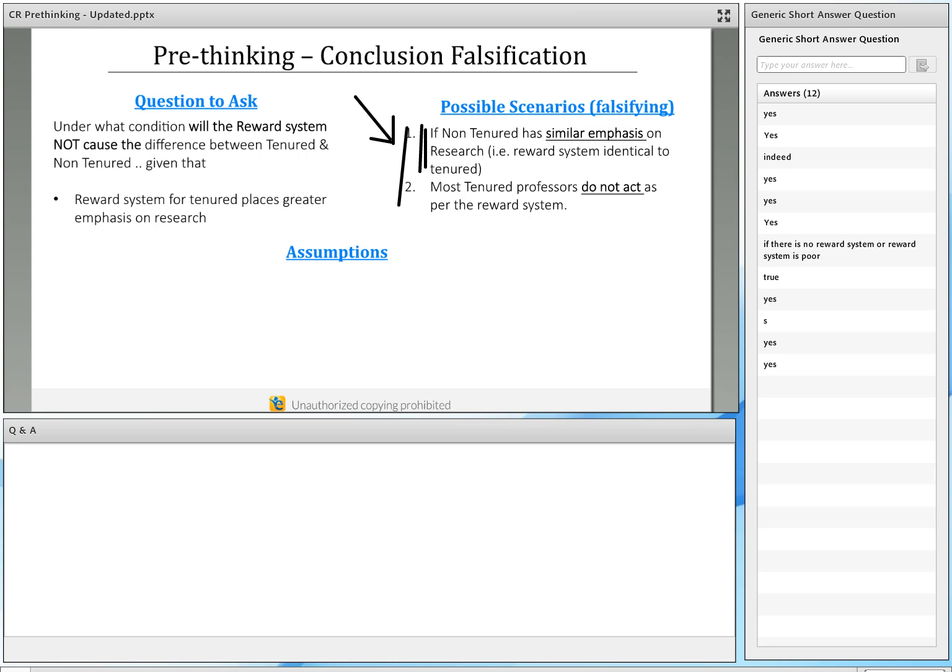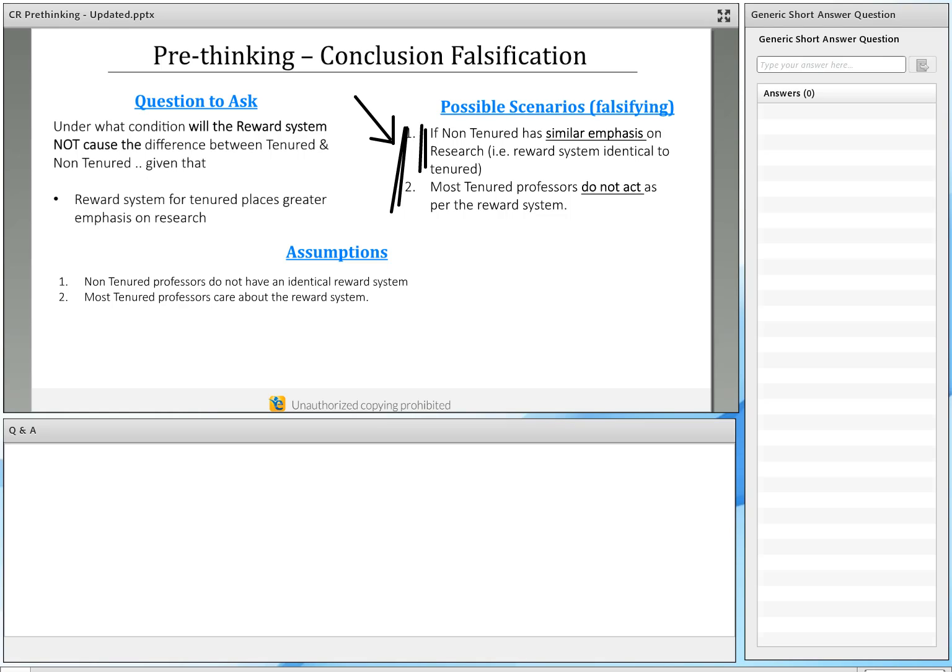So if both of these are falsifying scenarios, then what are the possible assumptions? Non-tenured faculty does not have the same reward system, or most tenured professors care about the reward system. Can you really see when you ask the falsification question, the falsifying scenarios come up very, very clearly. And then once you have those falsifying scenarios, your assumptions are right then and there.